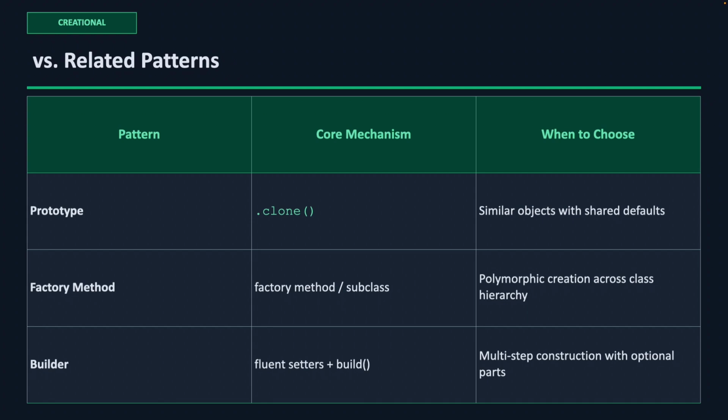You start from a known state and you override a few things. There's no director class, no fluent chaining. The rule of thumb is if you have good defaults with small deltas, you want to use the prototype. If it's a polymorphic creation across a class hierarchy, we want the factory method. And if it's a multi-step construction with many moving parts, we want to use the builder pattern.